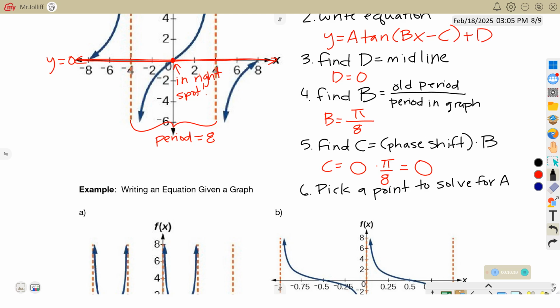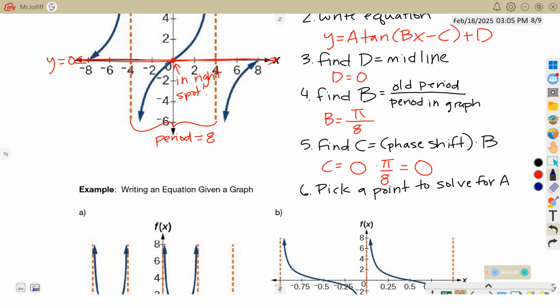A note about this point, you should not use the origin. Do not use 0, 0. So I put a 0 on one side and a 0 on the other side. I already know 0 equals 0. That's not helpful to me. So you cannot use the origin as the point. Any other point on the graph works. I recommend positive numbers and points that are easy to identify.